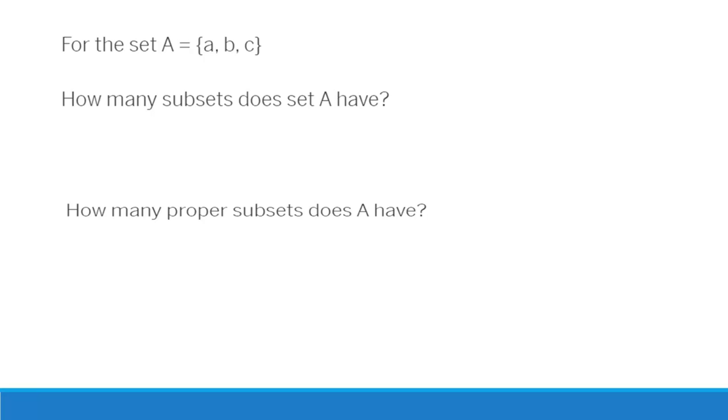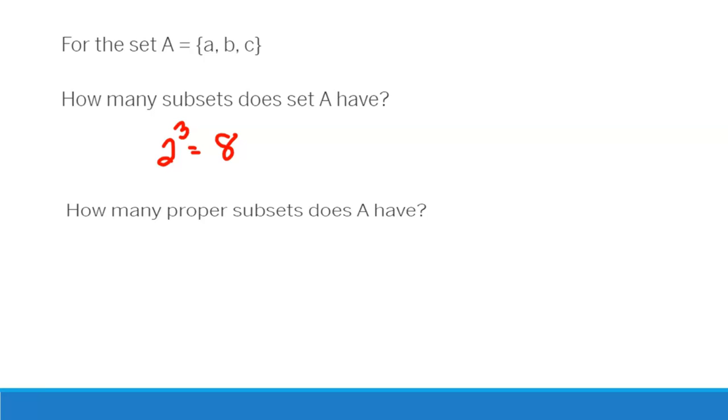Now let's move on to sets. For the set A, containing the elements A, B, and C, how many subsets does set A have, and how many proper subsets does set A have? Pause the video and find the solution. The number of subsets is 2 raised to the power of the number of elements the set has.